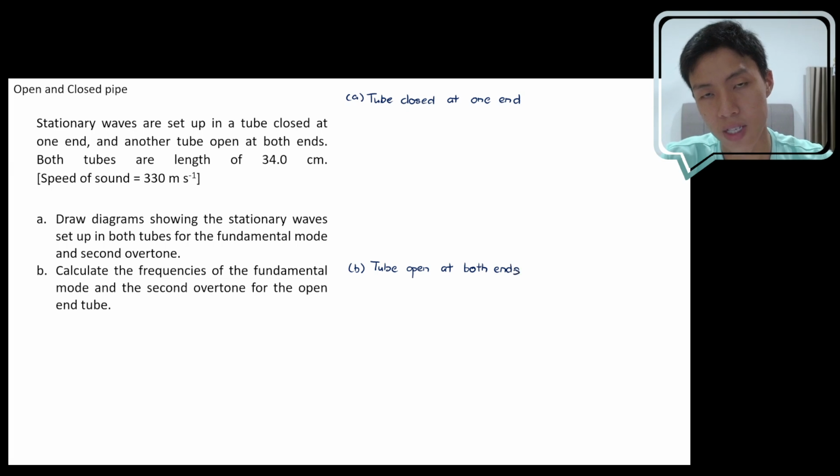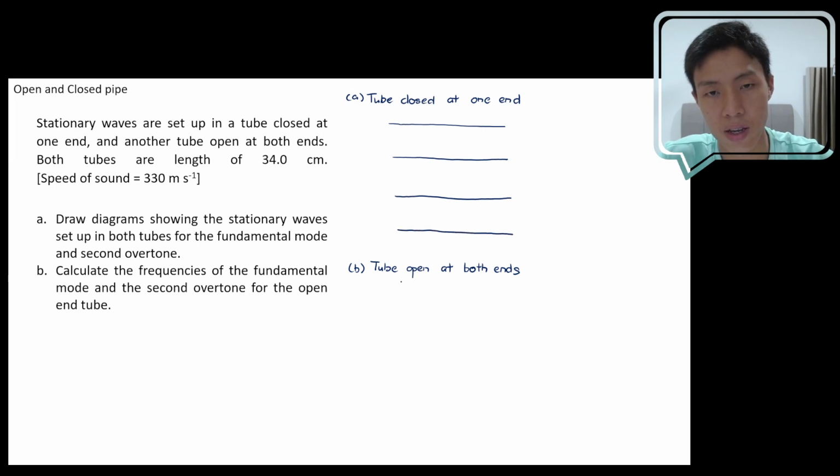Okay, but what's the same between the two? They should have the same length for their tube. So I'm going to sketch the same length. Okay, one more.